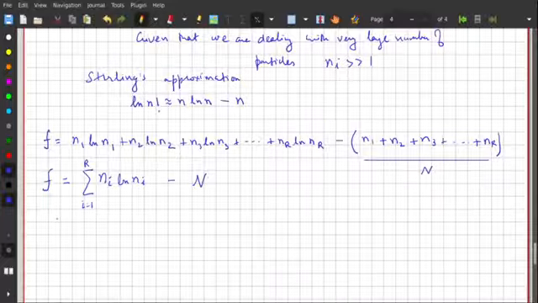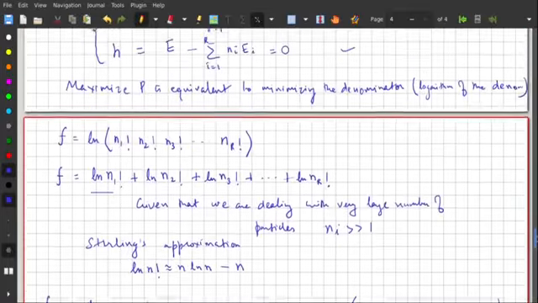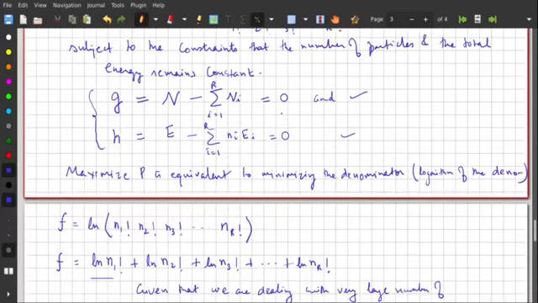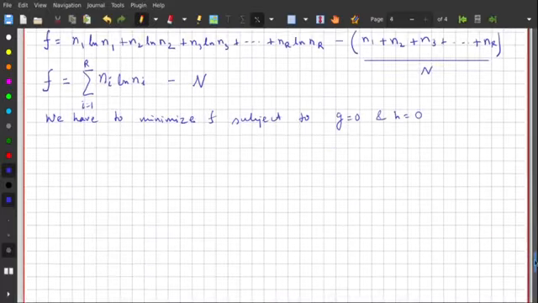Okay, so this f, that means we have to minimize f subject to g equals 0 and h equals 0, where remember what was g and h. G and h were given by these two constraints, so the particle conservation or mass conservation and energy conservation basically.